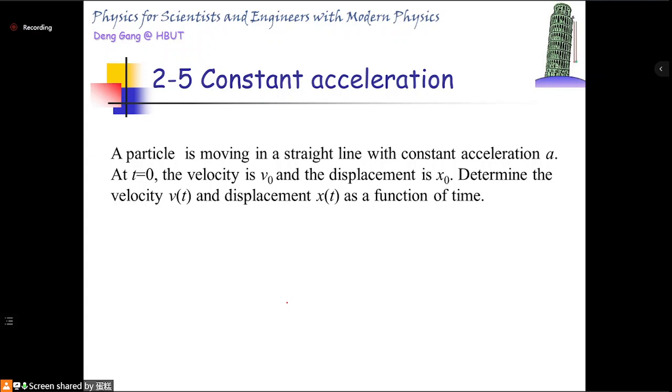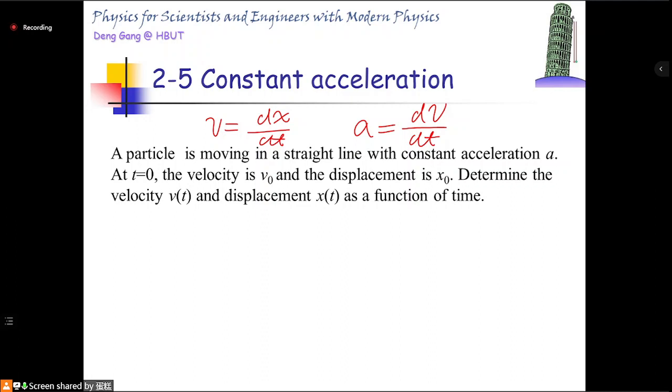According to the definition, v is equal to dx over dt, while a is equal to dv over dt. So we always start with these two equations.